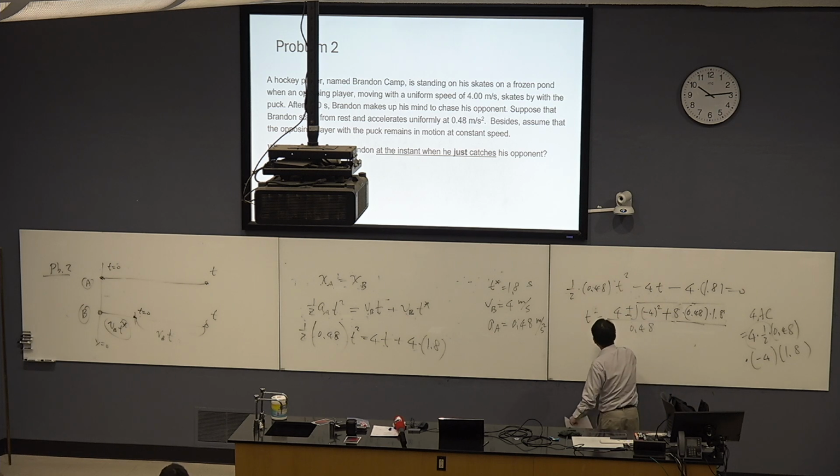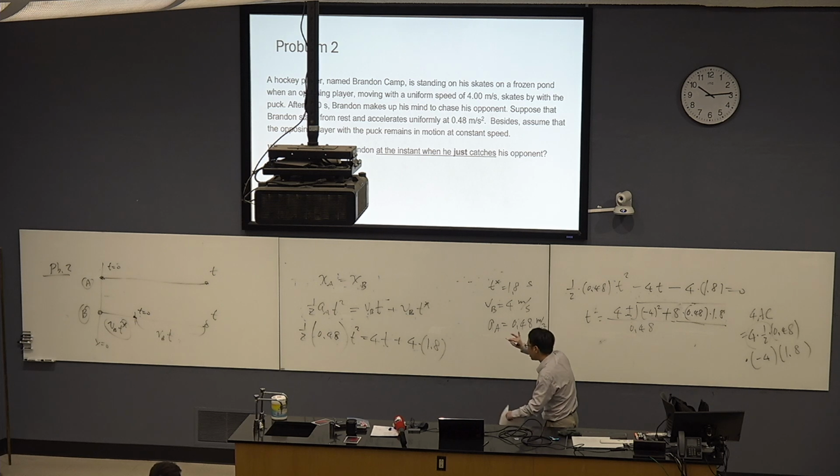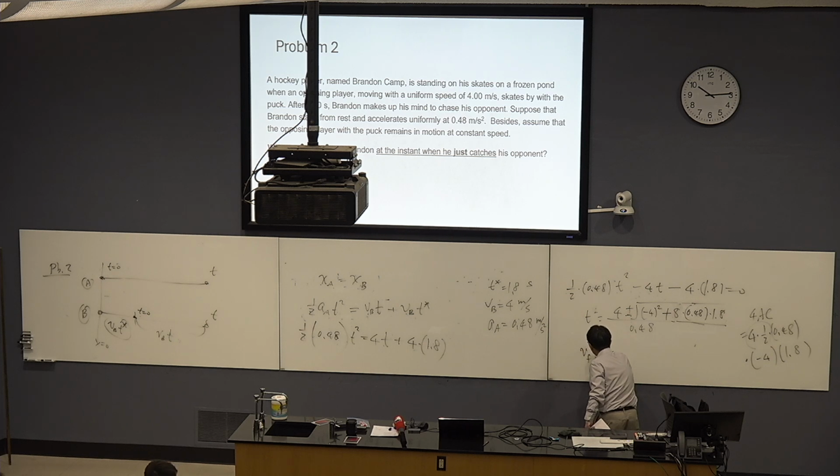So once you get the time, how would you obtain the speed of Brayton? Speed of Brayton will just be obtained by that kinematic equation, right? Since you can also compute the distance that Brayton traveled, but for the speed of Brayton, you can use V final equals V initial plus A times time, right? So V initial, Brayton starts at 0, okay?